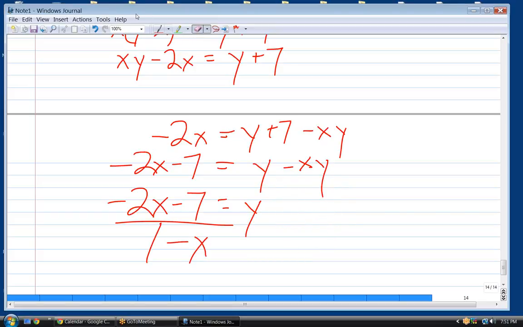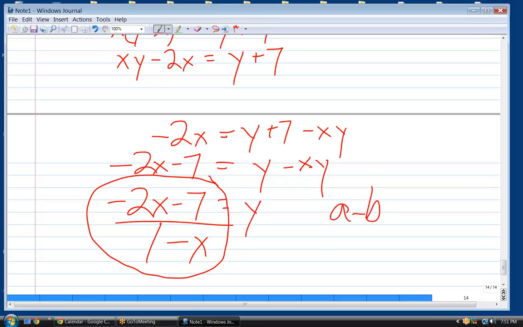Now, you could do one different variation of that answer if you wanted. You could simplify that. Not everybody knows this, but A minus B is equal to the negative of B minus A. Always, no matter what A and B are.